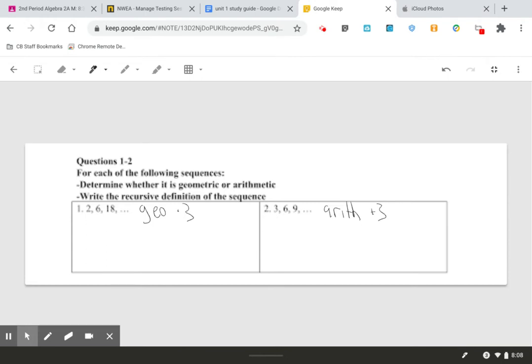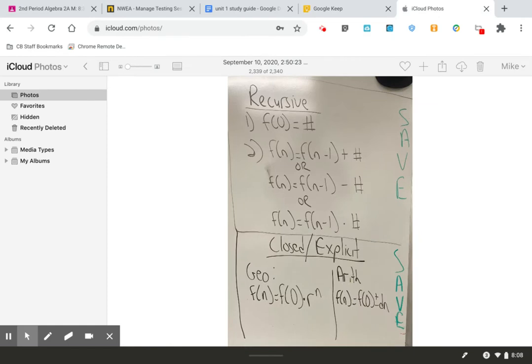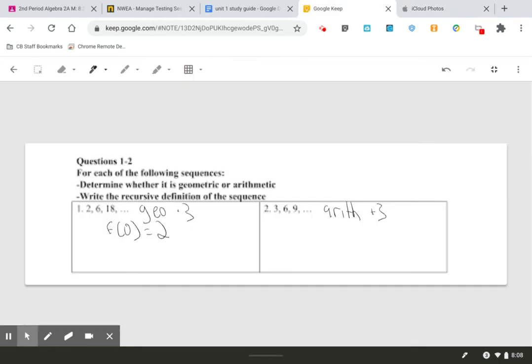So in number 1, my starting term, f of 0, is going to equal 2. And then because it's a geometric sequence, we're going to use this one right here. So it's going to be f of n equals f of n minus 1 times 3. So there's your recursive for number 1.